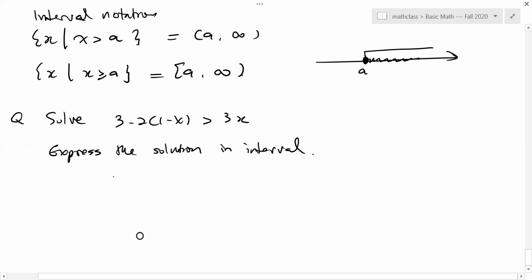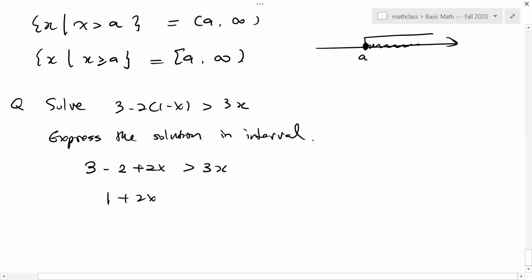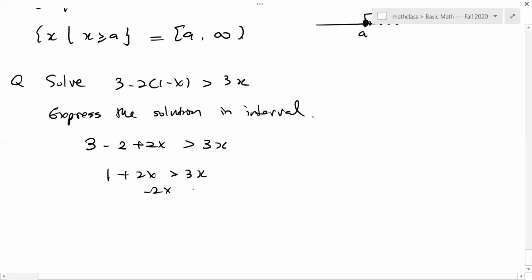Okay, let me show you how to do that, right? So 3 minus 2 times 1 minus x: 3 minus 2 plus 2x greater than 3x, right? So 1 plus 2x greater than 3x. So you can subtract the 2x from both sides. I get 1 greater than x.